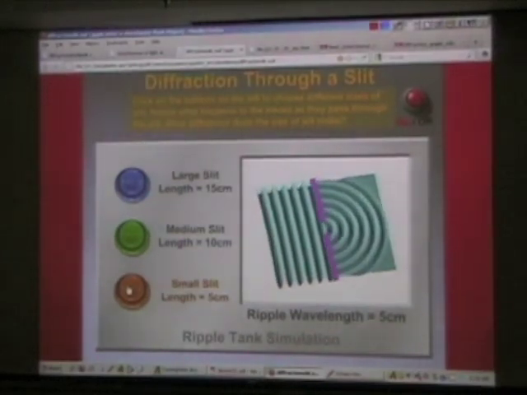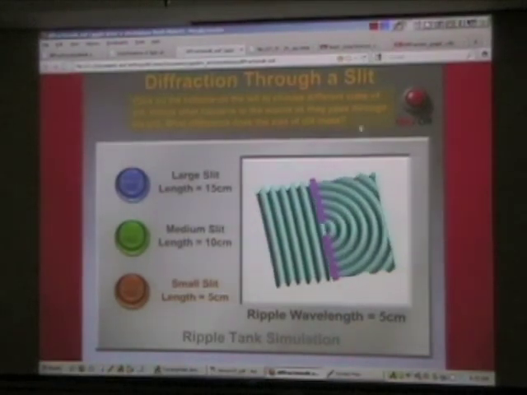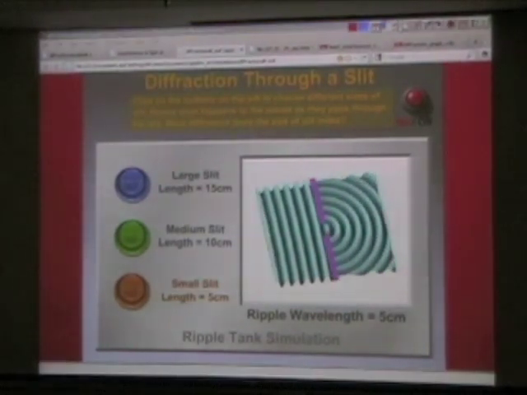Plus, in addition to this situation, sometimes some waves from the edges of this opening also overlap and interfere. And here on the screen we can observe, again, bright and dark fringes, bright and dark spots.